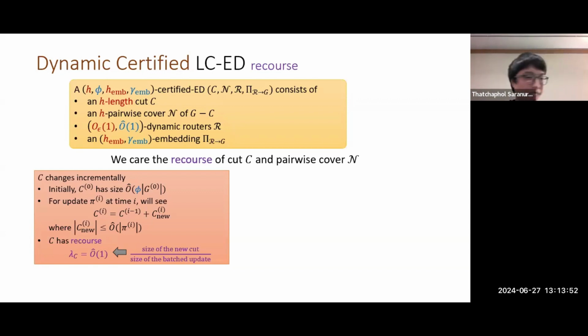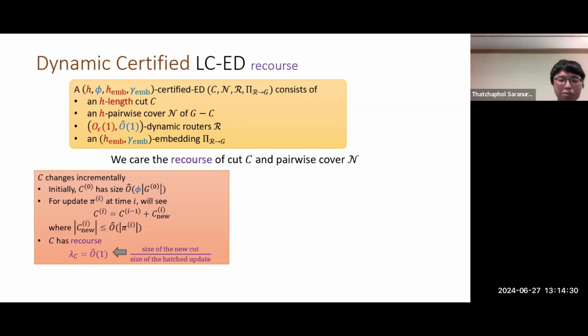The small point here is a little bit counterintuitive: why we allow the size of the new cut to be roughly linear to the batch update. Why not, as in the initialization case, have a 5 factor, so that the size of the new cut is only a 5 fraction of the batch update?